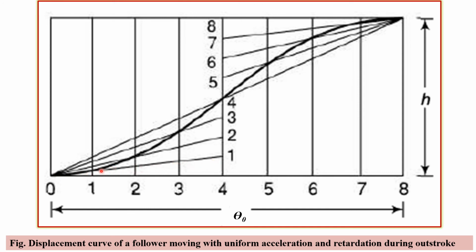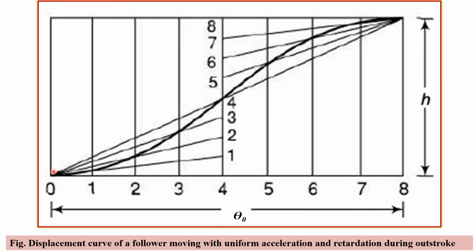The intercept of this first line with the first ordinate is marked here as this particular location. Then we join this left corner with the second point, and then this line is getting intercepted with the second ordinate here. So we just mark this point here.